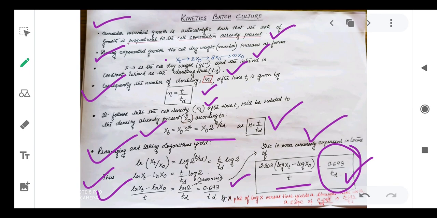It's simple because here there are two important parameters, Xt and X0. Xt is the final cell number, X0 is the initial cell number, and 2 is the multiplication factor by which it doubles, right? It's a doubling time. So Xt will be X0 into 2 to the power n, where n is equal to t by Td. Am I clear? And then you just simplify the equation.